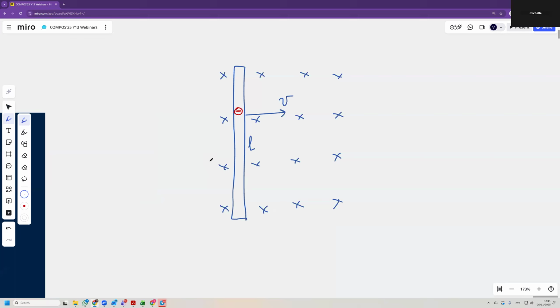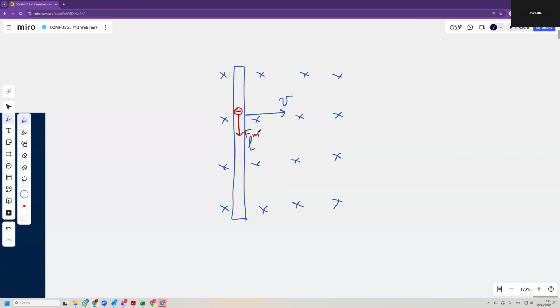The magnetic field is into the page, and the velocity is to the right, but it's an electron. An electron moving to the right produces a current to the left. So there's a downwards force on the electron, a magnetic force downwards.